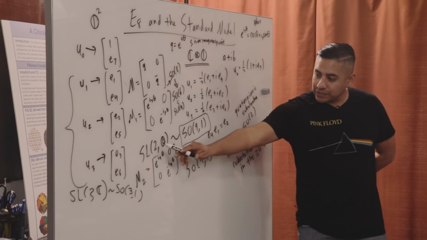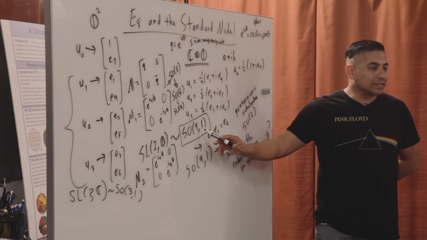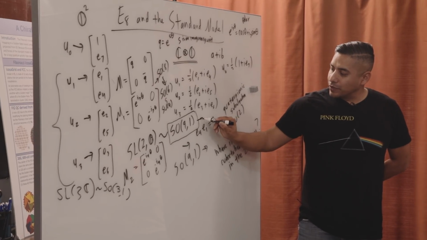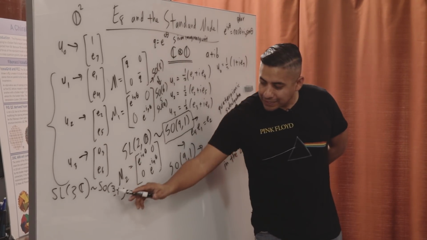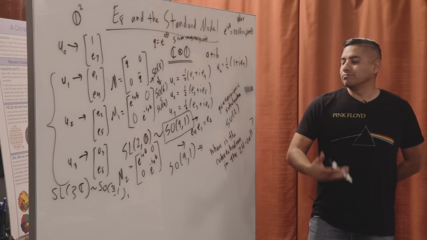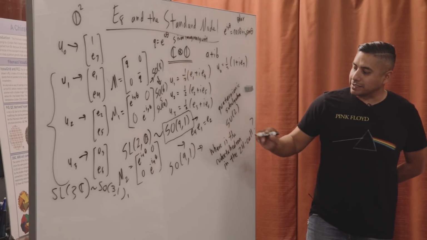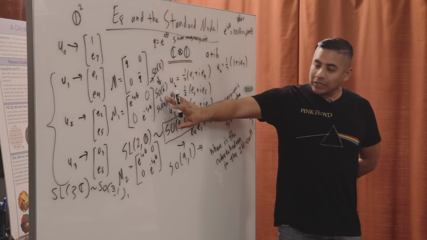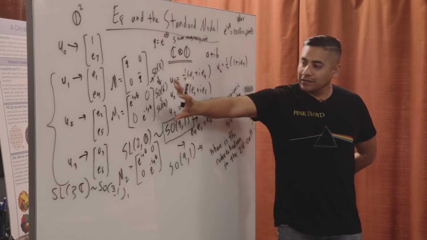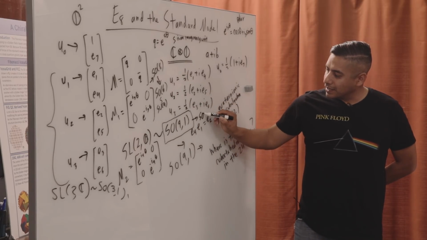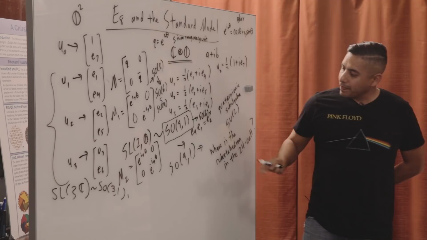So if this SL2C is equivalent to this, then what would be the natural way to identify an SO31 in here? Well, the most naive way to see it is we identify the SO6, which we did over here. So we said, okay, I got an SO6 here.